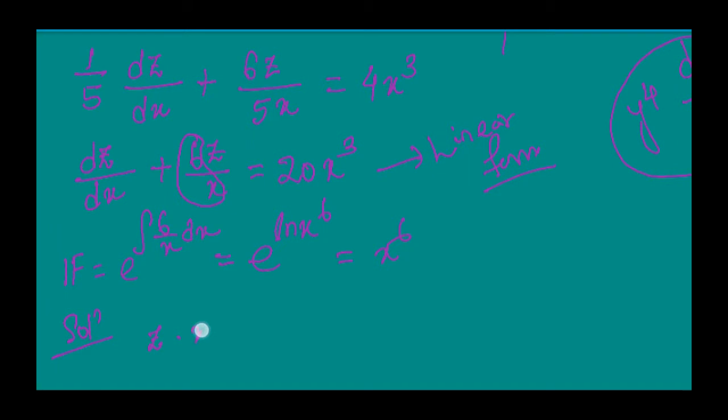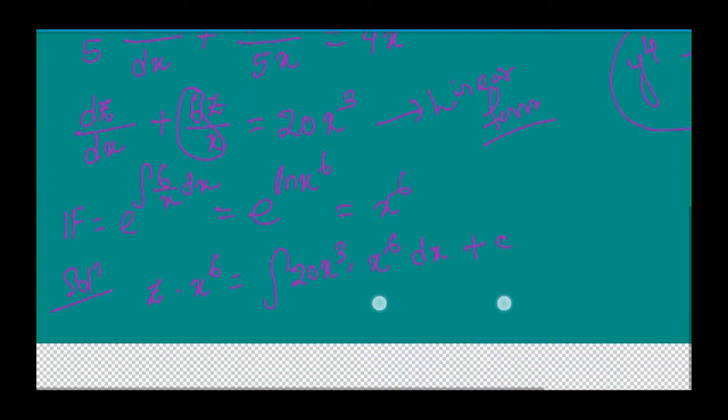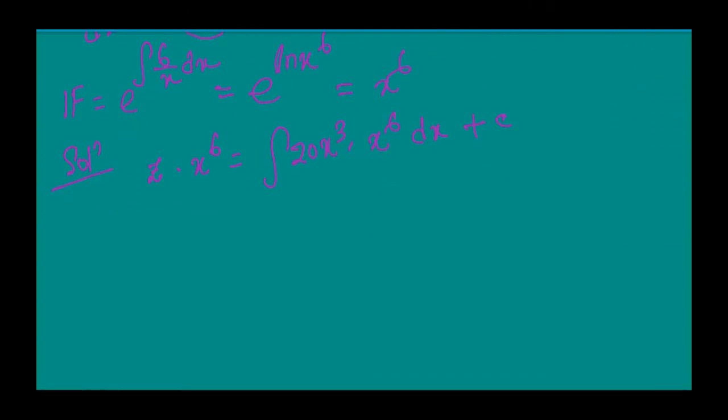z into x to the power 6 is equal to integration of Qx. Qx is 20x cube into x to the power 6 dx plus c. This is the solution, and here z into x to the power 6 is equal to 20 x to the power 10 by 10 plus c.